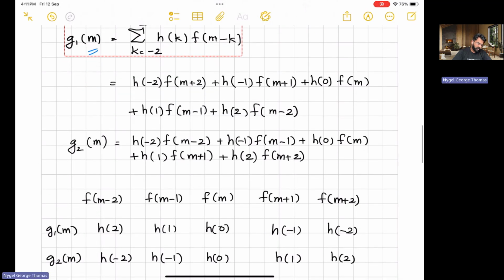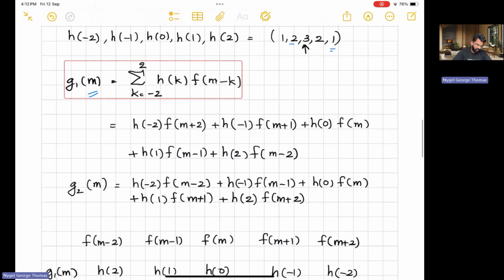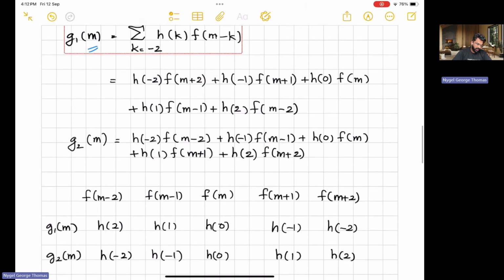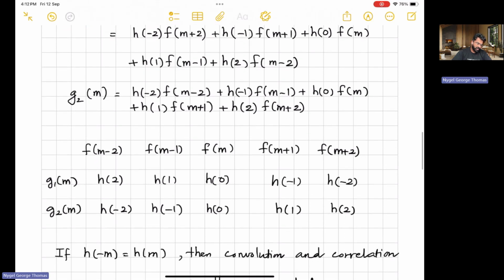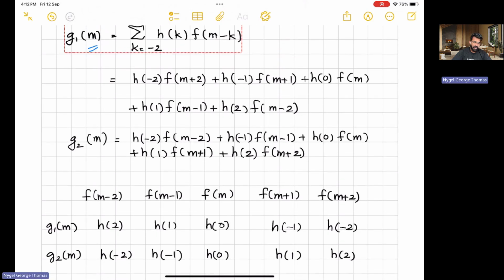So the output is h of minus 2 into f of m plus 2, h of minus 1 into f of m plus 1, etc., up to h of 2 into f of m minus 2. This is the convolution output. Similarly, for correlation, it will be h of minus 2 and f of m minus 2.